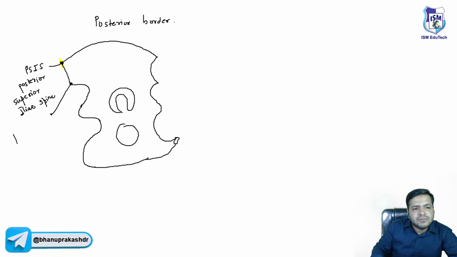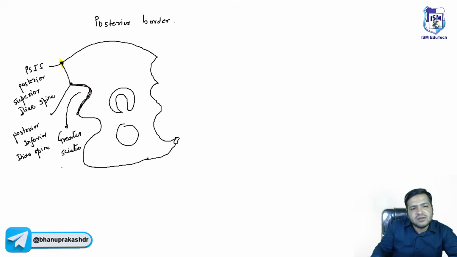Then we have the posterior inferior iliac spine. And a notch is forming over here, and this notch is called the greater sciatic notch.